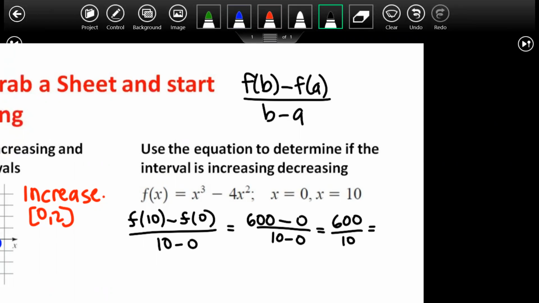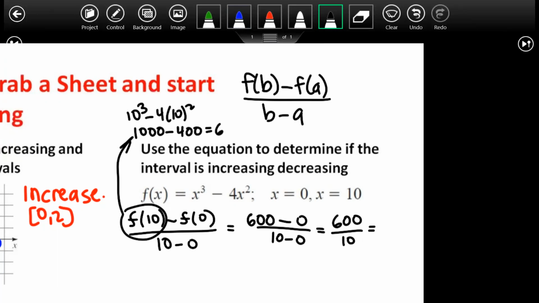The 600? From this part right here, if we were to work this problem out, this would have been 10 to the third power minus 4 times 10 squared. We would have got 1,000 minus 400, or 600. Plug it into the function itself. Yep, just plug them into the function. Plug in f of 10. In this case, f is given to us by the function.